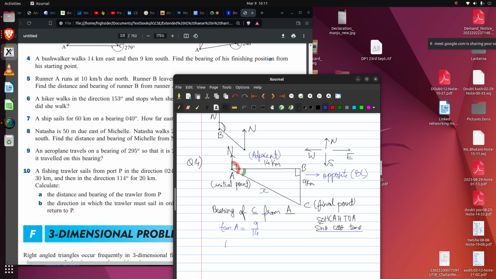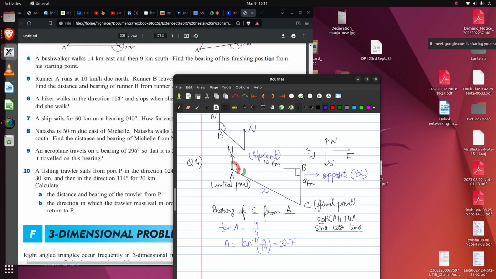Tan inverse of 9 over 14. If I put this in the calculator, I'm getting a value in degrees, 32.7. So we usually limit it to 3 significant figures. Okay. That was the question.